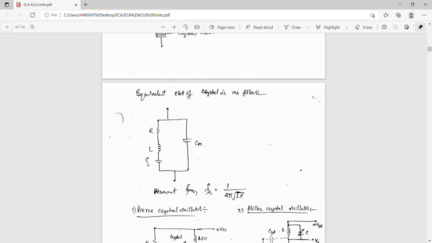And hence this is the overall equivalent circuit of the crystal, R, L and C.